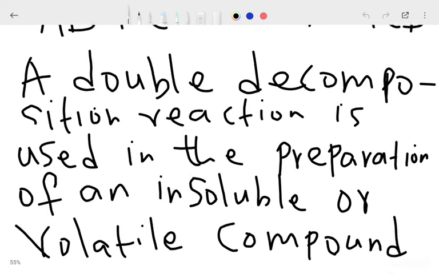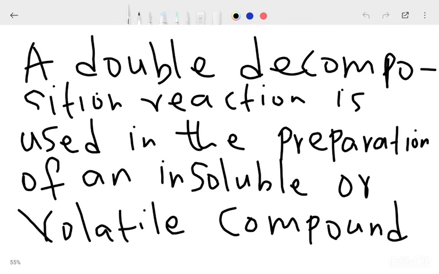Now make sure you write this statement down. A double decomposition reaction is used in the preparation of an insoluble or volatile compound.